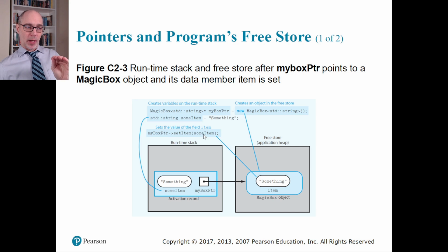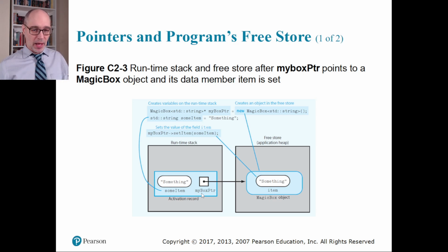So at this point, on the runtime stack, you've stored these things that you've declared locally. You have the SomeItem string in the stack as a local variable, and also the myBox pointer is in the stack for this activation record, the stack frame for this particular function that you're in.